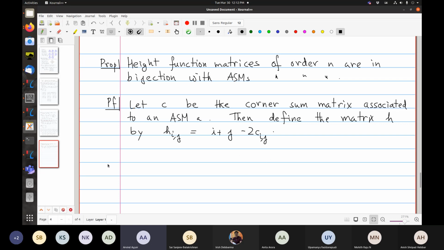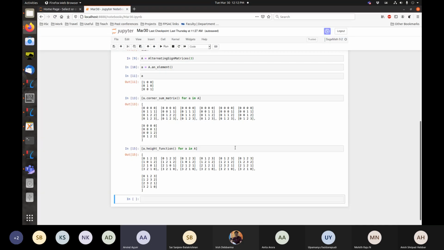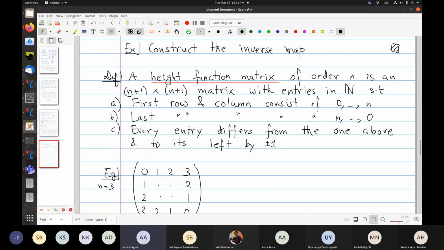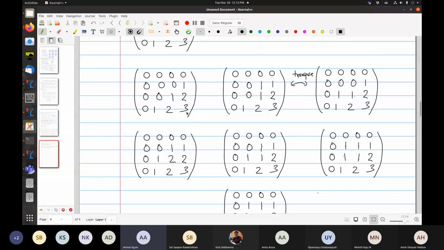Okay, and this i plus j is coming because, as you can see, things change as you go diagonal to diagonal, even in the corner sum matrix. So I build it diagonal by diagonal in some sense, because the entries in this diagonal depend only on the entries in this diagonal, and so on.